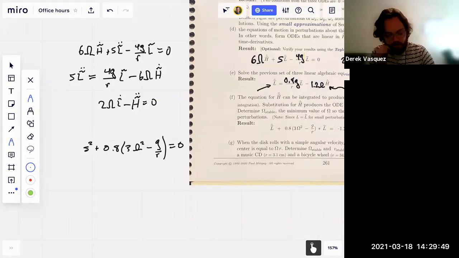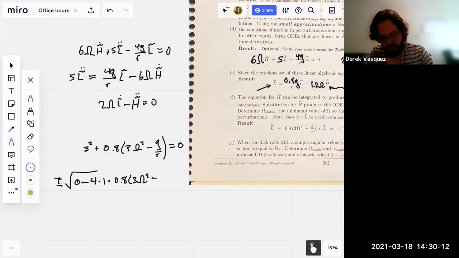And so our poles are going to be negative b, so b is 0, plus or minus square root of 0 minus 4 times 1 times 0.8 times 3 omega squared minus g over r, all over 2.